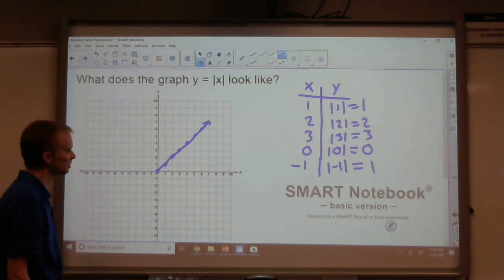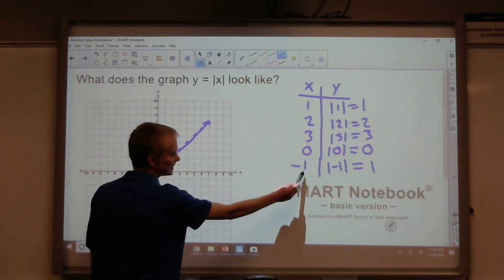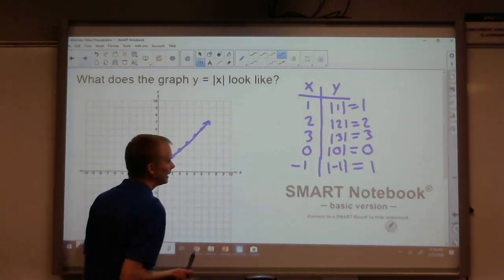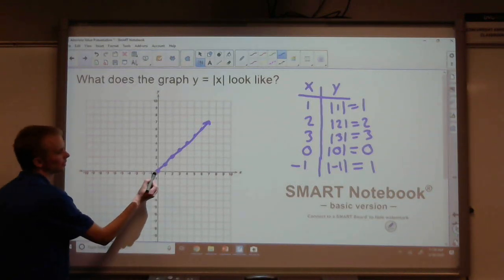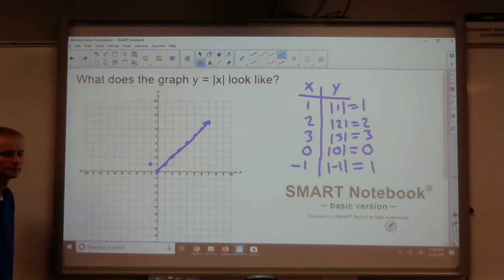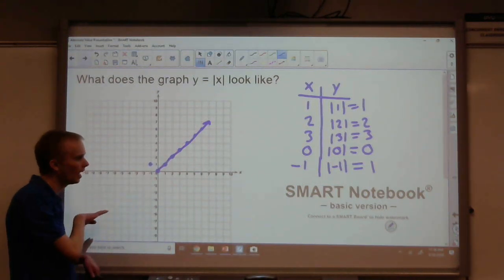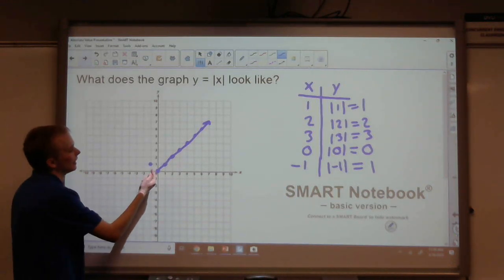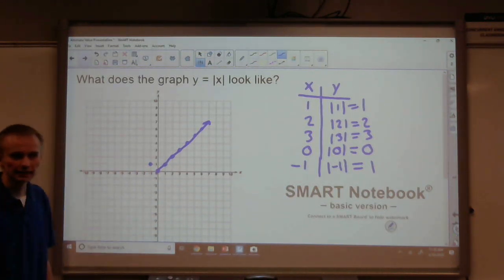Interesting. So let's plot that point. X is negative 1, y is positive 1. So x is negative 1 right here, y is positive 1 right here. Okay? Well, that kind of broke our pattern, didn't it? It's not just a straight line. It kind of veered off right there.